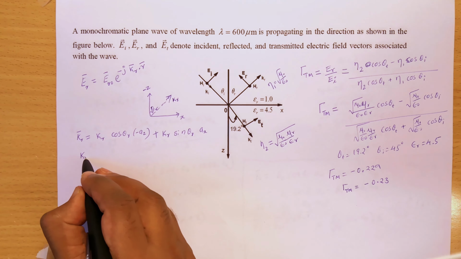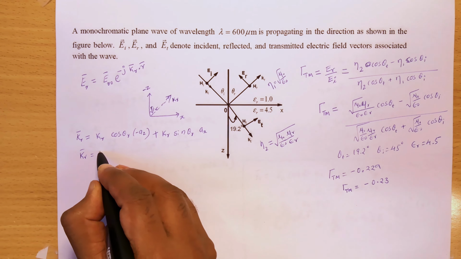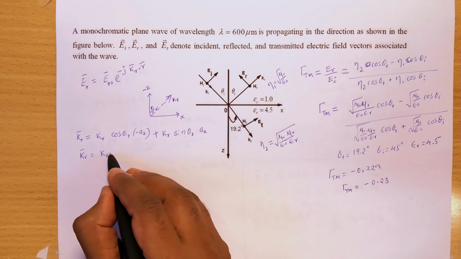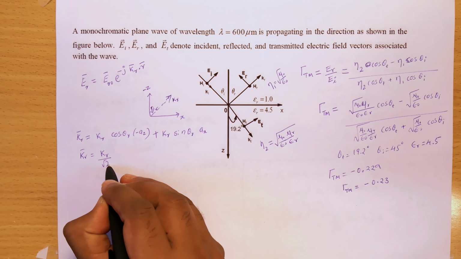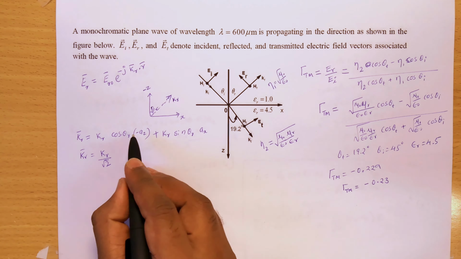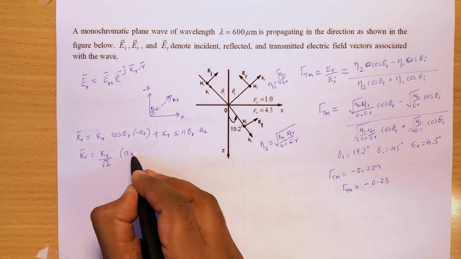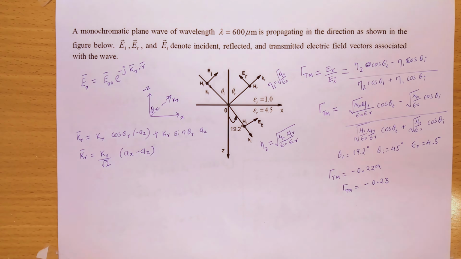So kr cap is equal to kr by root 2, since theta r is also 45. So, kr by root 2 into ax minus az.